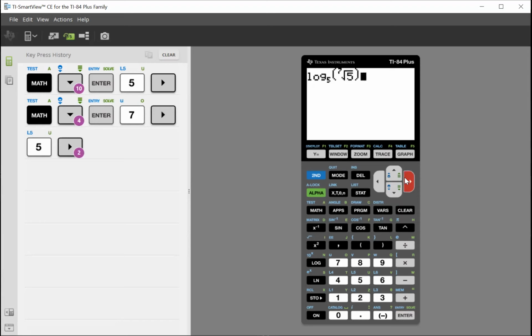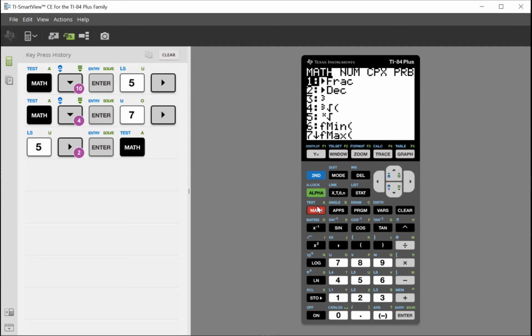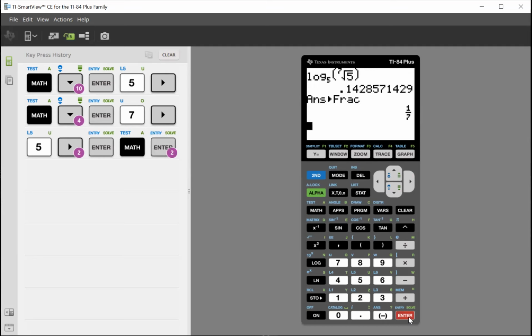So to get them radicals, I use that button, okay? So let's see what log base 5 of the 7th root of a 5 gives me. Now remember, I don't want a decimal, so I'm going to hit math and hit enter twice to turn it back into a fraction. And y'all, I get a 1/7.